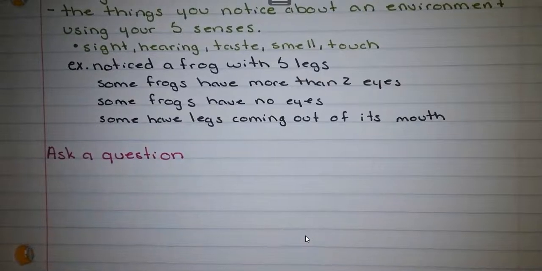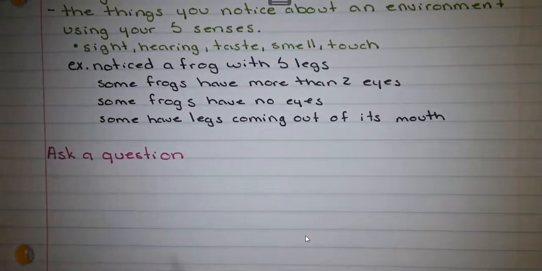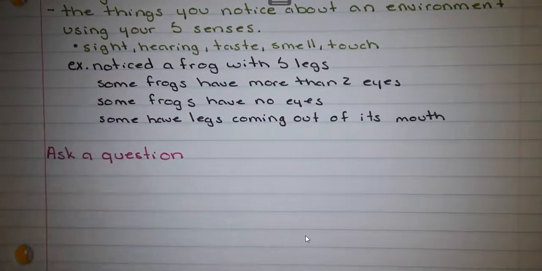Okay, ask a question. So, based on my observations, now I have to formulate a question, right? So, my observations were that there were frogs with extra limbs. And so, I'm going to formulate a couple of questions that might be testable or that I just want to answer.